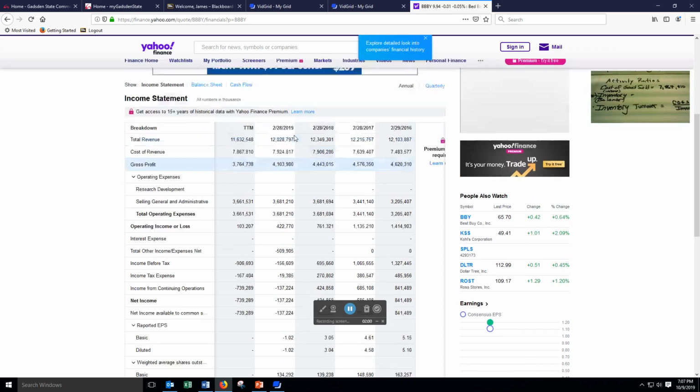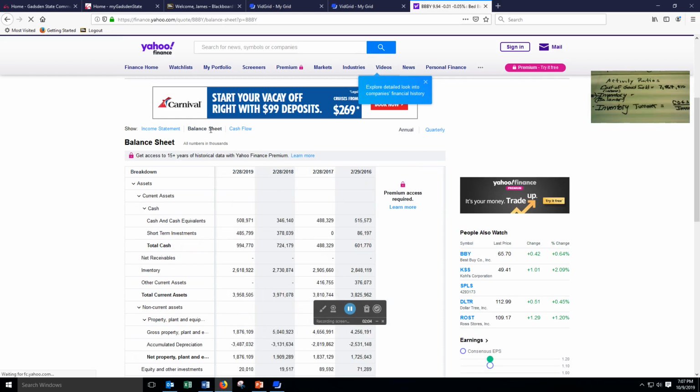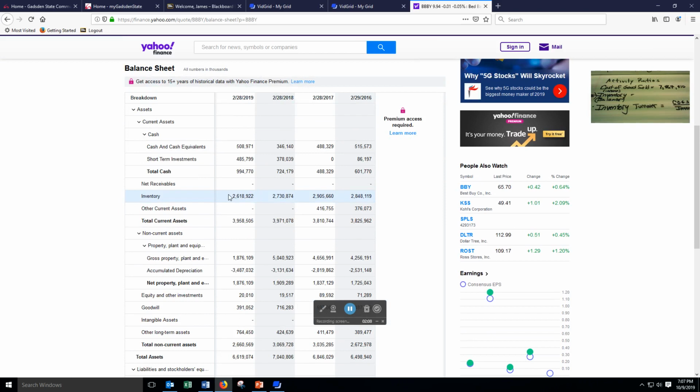Remember, inventory is an asset for this company, so assets go on the balance sheet. So here we look down and we've got inventory of $2,618,922. We're cutting off the zeros, these are in thousands.